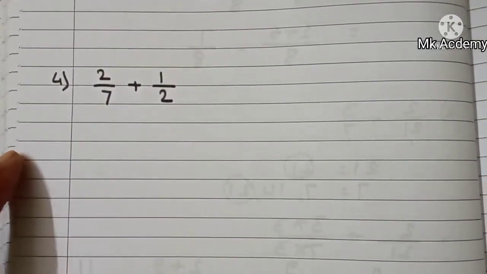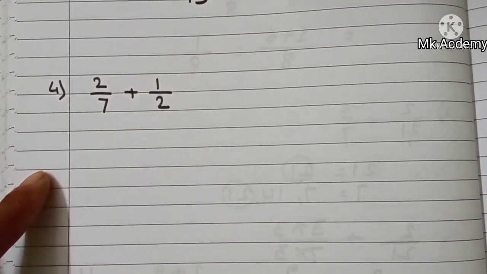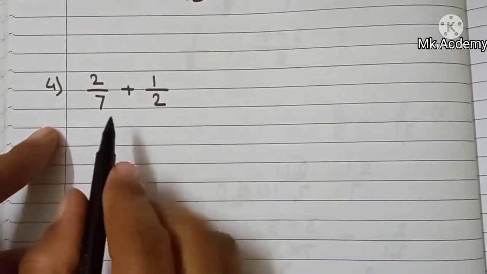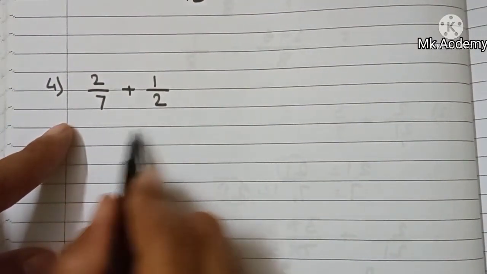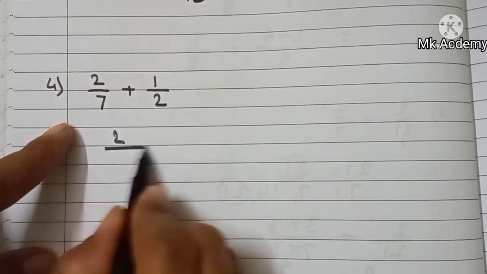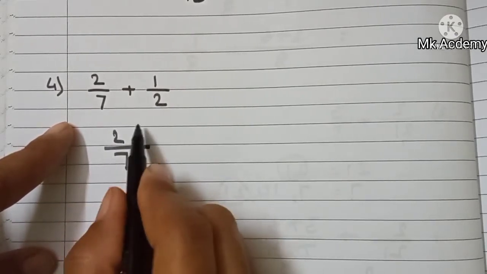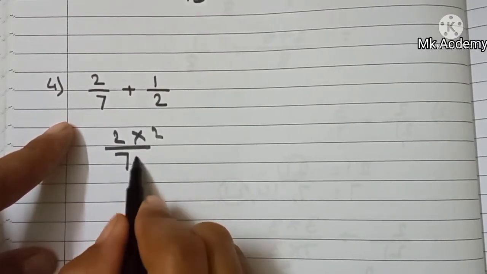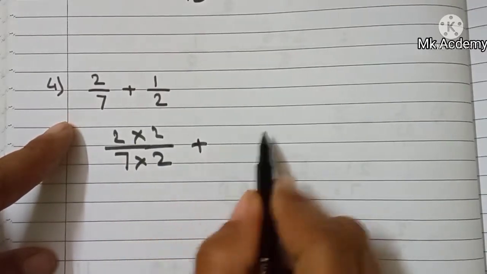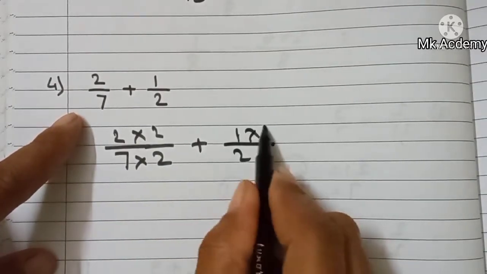Now next example, example number 4, 2 by 7 plus 1 by 2. 2 by 7, we multiply this fraction by 2 in numerator and denominator, plus 1 by 2 multiplied by 7.